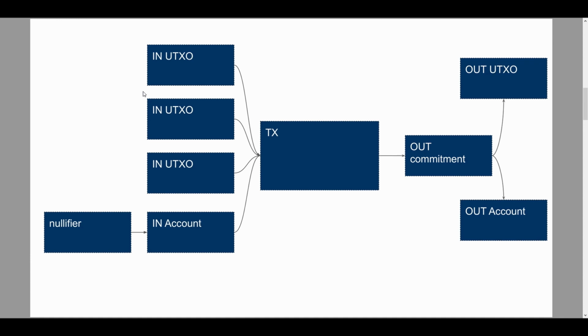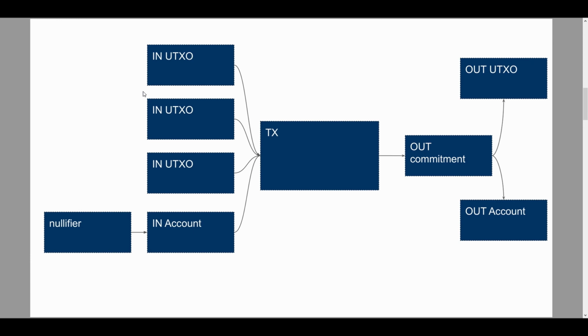We have one account in the input and one account in the output, and we need to publish a nullifier only for the input account. We merge all the amounts from input UTXOs into this account, and we create some new UTXOs in the output.